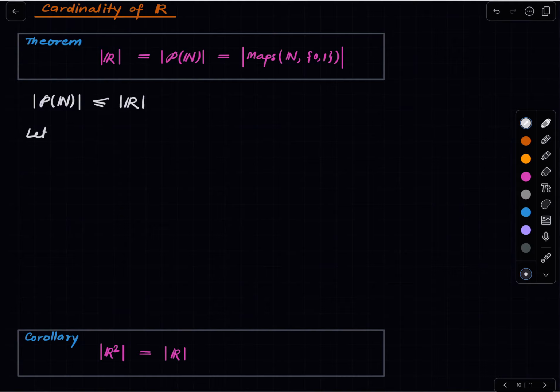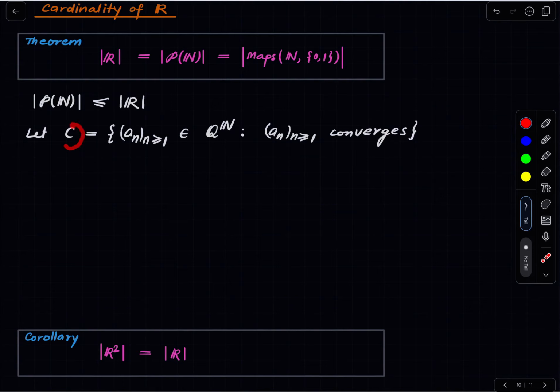let C be equal to all those sequences of rationals which converge. Right? So this is a complicated way of writing all convergent rational sequences. This is all rational sequences.